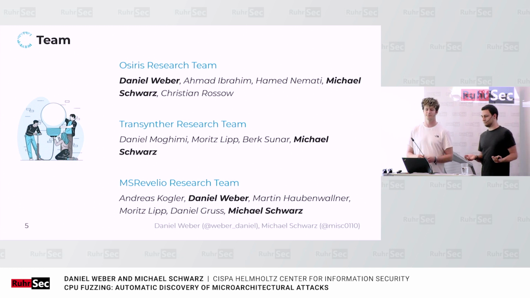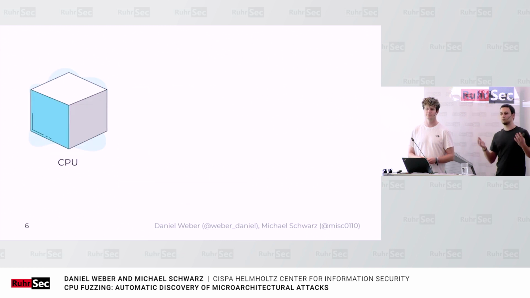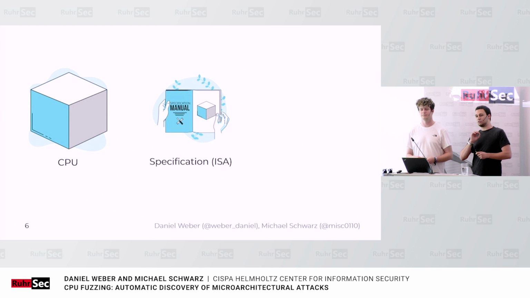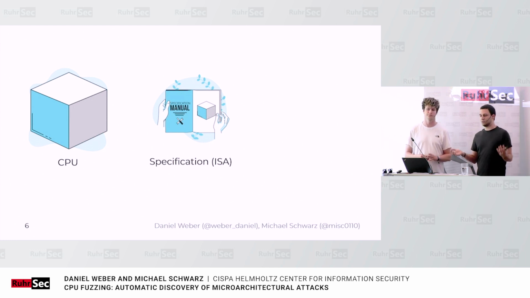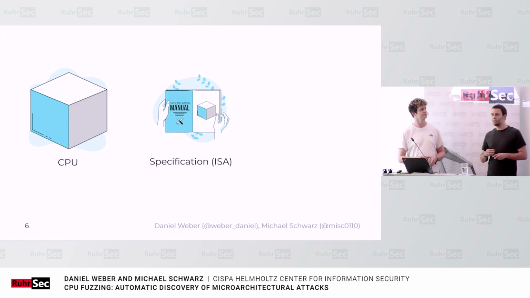So let's think about a CPU first. If you think about a CPU, and for us, it's mostly a black box. So it's something we have in our computers, we run some code, it does something. If we adhere to the specification. So all the CPUs we have, they come with some manual, some specification, an ISA that defines what we can actually do on a CPU.